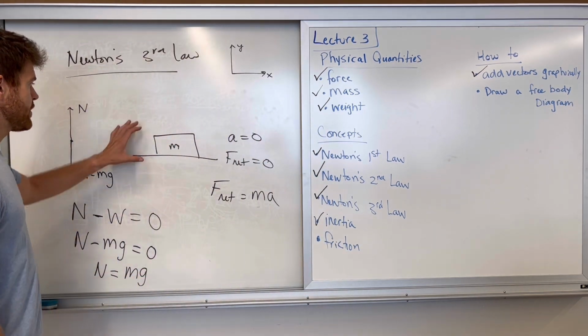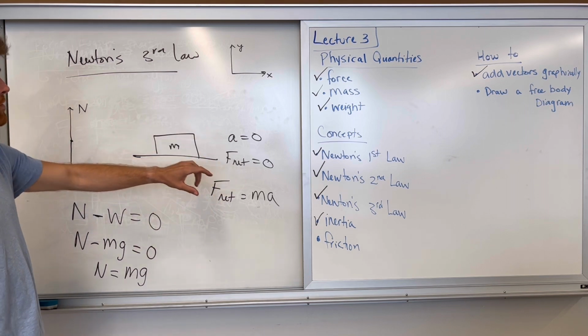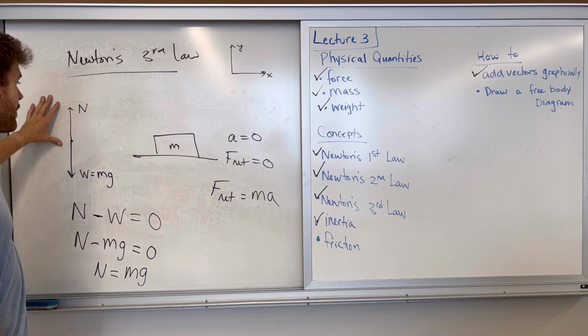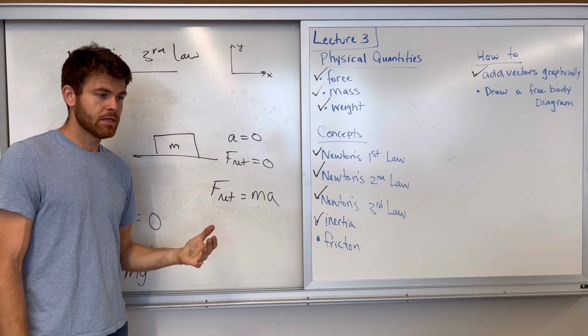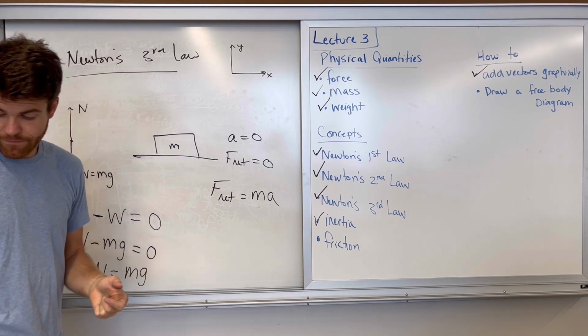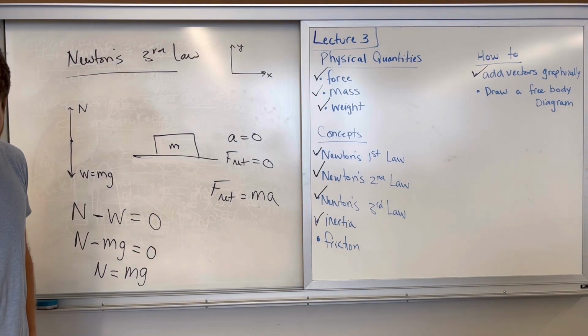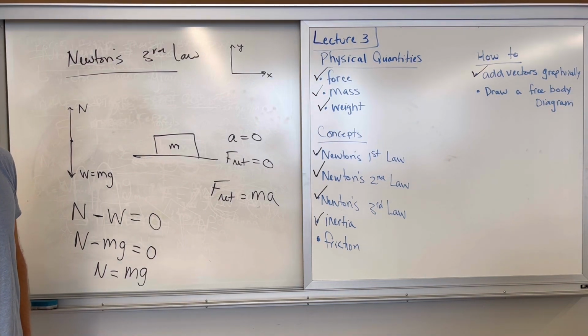Okay. So by using Newton's third law, we see that surfaces must be exerting forces back on objects. That force is called the normal force. That's the force that surfaces exert on objects whenever objects exert forces on surfaces.